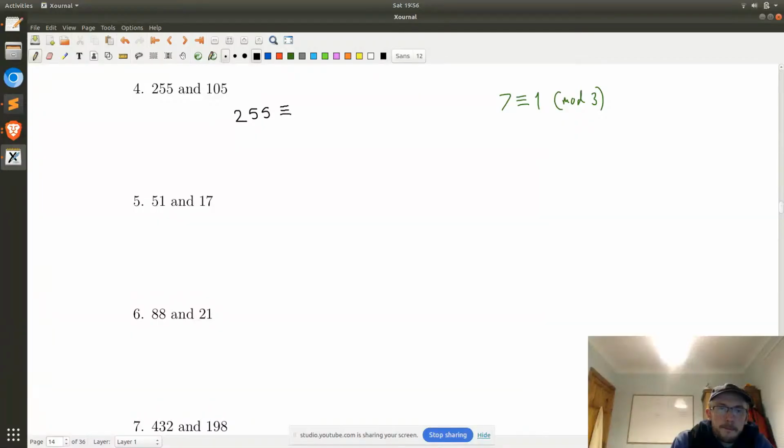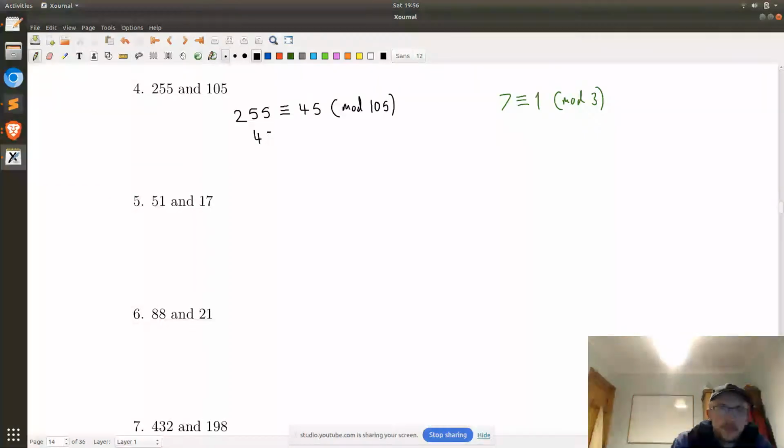255 is congruent to 45 modulo 105. Right? Oh, yes, it is. Okay. 45. Well, it would be 15.